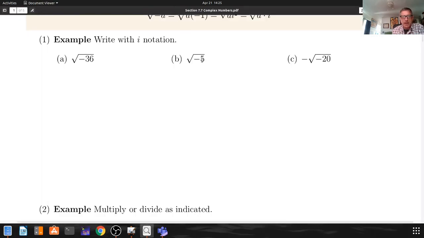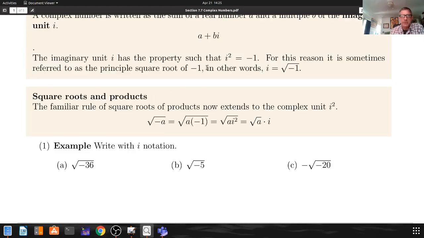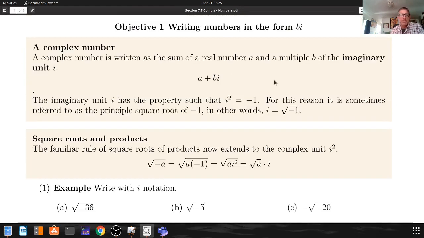So let's read what I have in the notes. A complex number is a number written as the sum of a real number a and a multiple b of the imaginary unit i. And the imaginary unit i has the property such that i squared is equal to minus 1.